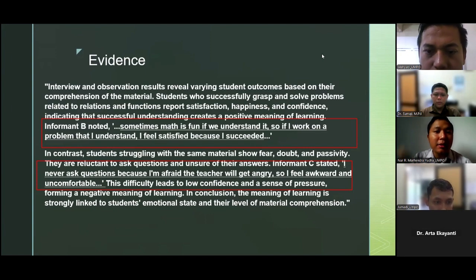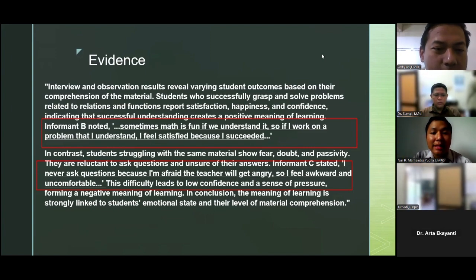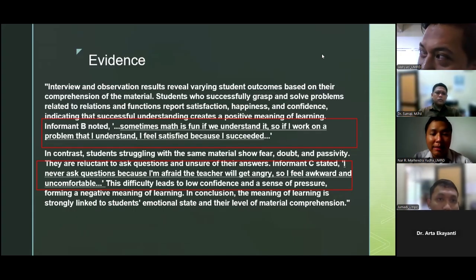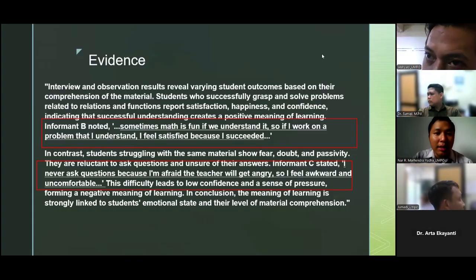Here's the data from Informant B: "Sometimes math is fun if we understand it. If I work on a problem that I understand, I feel satisfied because I feel I succeeded." So they do have certain enjoyment under the condition that they understand the mathematics itself. They actually enjoy mathematics when they know what they are really doing.